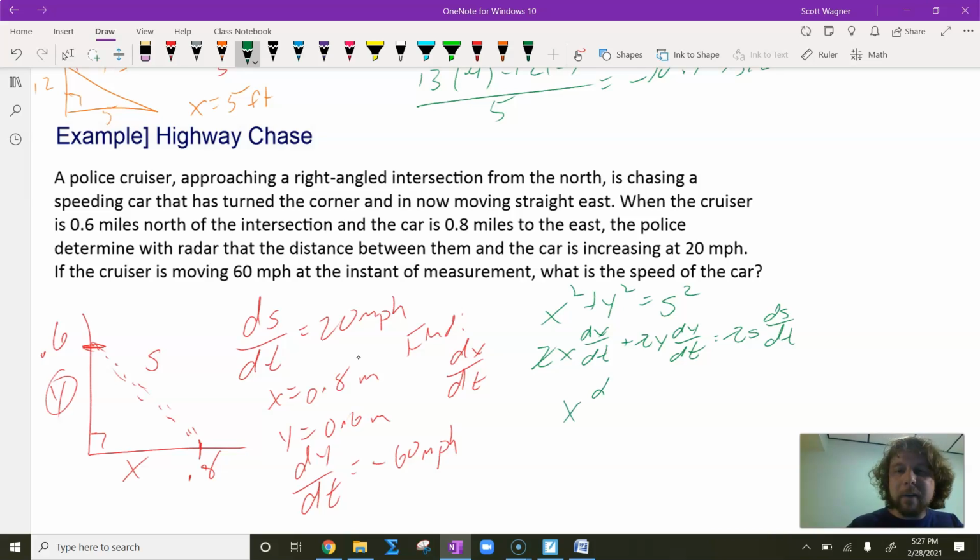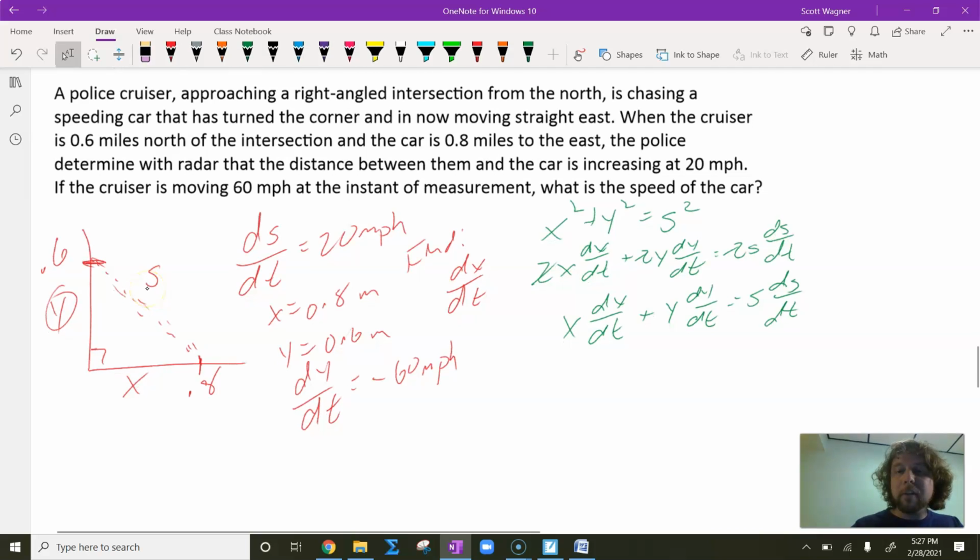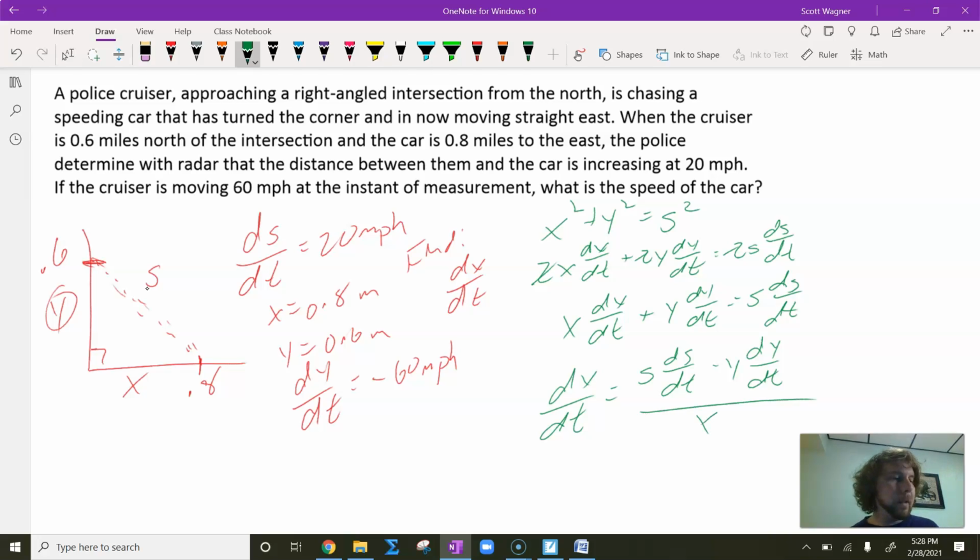So you have x dx/dt plus y dy/dt is equal to s ds/dt. Notice what you're trying to find: dx/dt. So we rearrange this formula, and dx/dt is equal to s ds/dt minus y dy/dt, all divided by x.